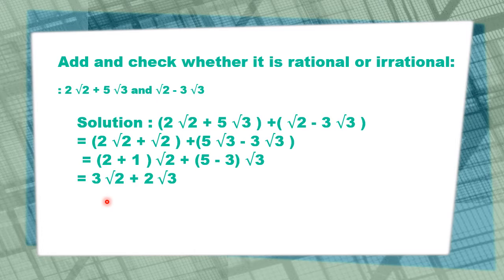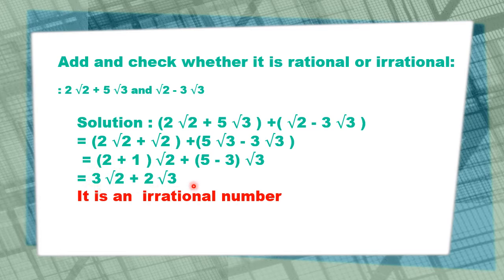Is it a rational or an irrational number? Make guesses fast. Yes, it is an irrational number. Why? Because here you can see root 2 is an irrational number, root 3 is an irrational number. We already had given a rule. In rule 1, we saw that adding a rational and an irrational number will be an irrational number. Here, the product of rational and irrational is irrational.